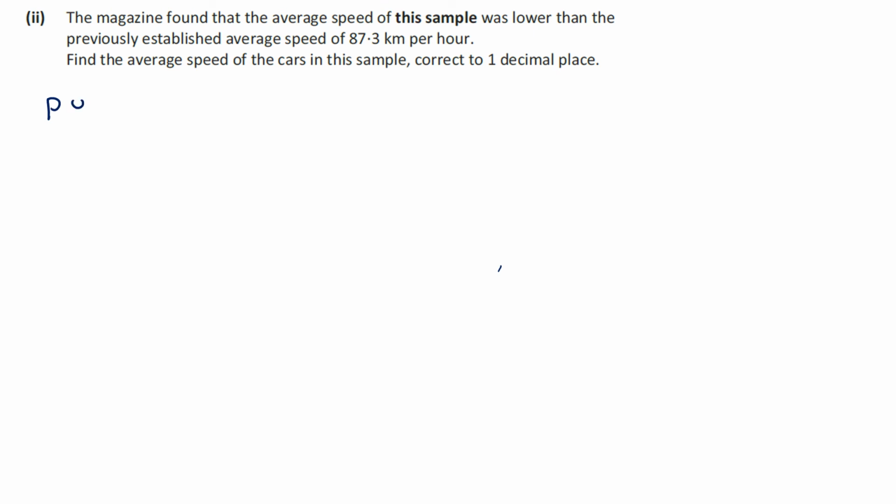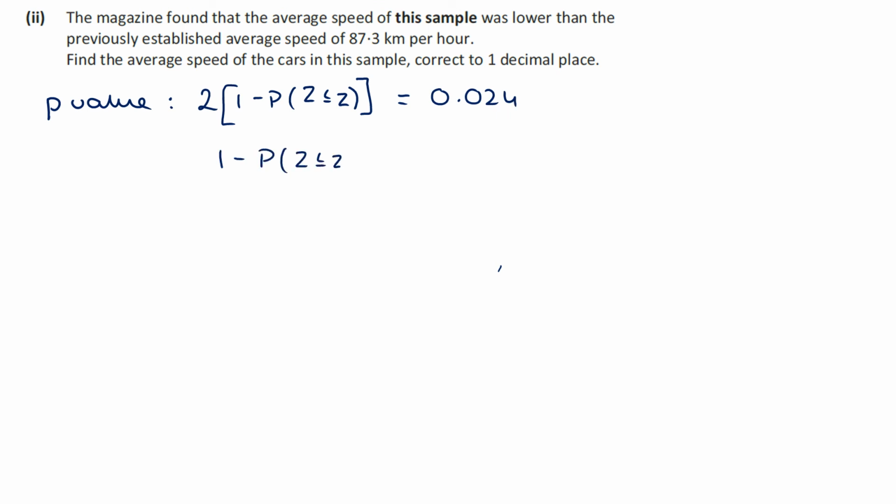Let's break this down. If we're talking about the p-value, how do you calculate it? It's 2 times 1 minus the probability that Z is less than or equal to z. So what does that mean? Well, I know that all of this is going to give 0.024. So my 1 minus P(Z less than or equal to z) is going to be 0.012. Working that backwards, the probability that Z is less than or equal to z is 0.988.